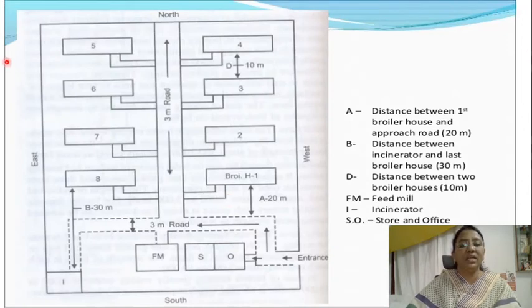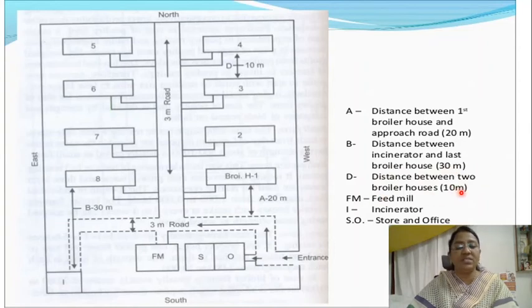Now you can see here the directions, how to enter, having the west and east directions. The distance between first broiler house and the approach road is 20 meters, distance between incinerators and the last broiler house. Distance between two broiler houses is 10 meters.